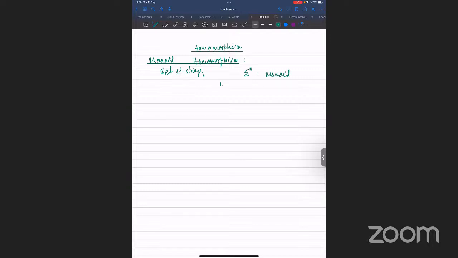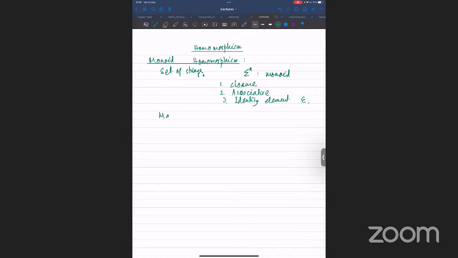So what were the properties of a monoid? It's closure, then associative, and there exists an identity element. In this case, we are representing the identity with epsilon. So what is a homomorphism?